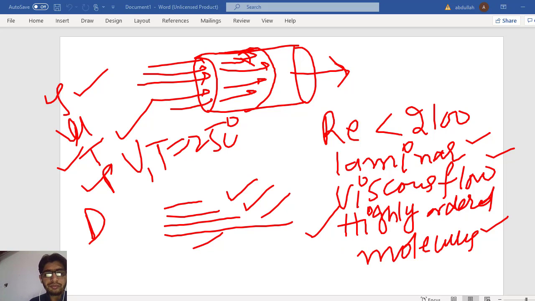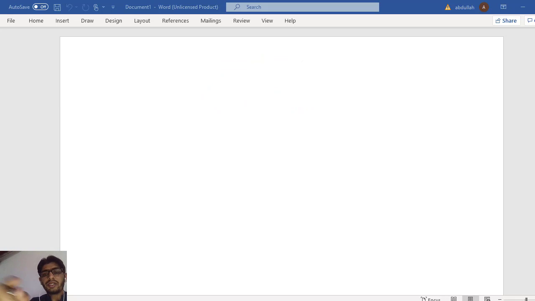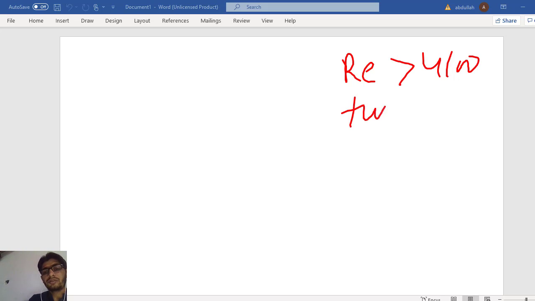Now, when the Reynolds number is greater than 4100, then the flow will be turbulent. It is a very disordered flow.